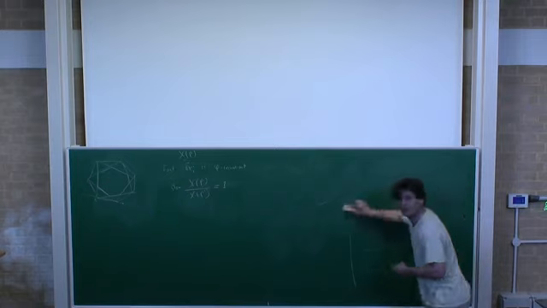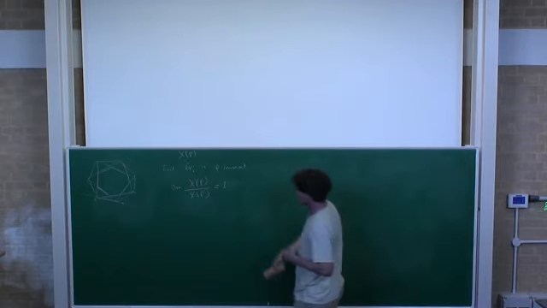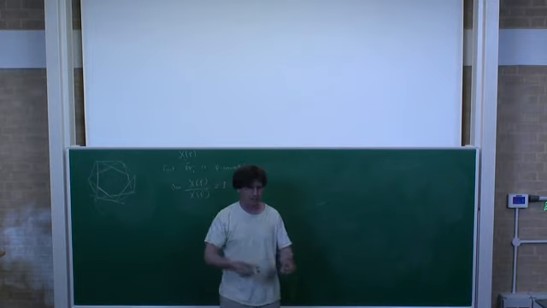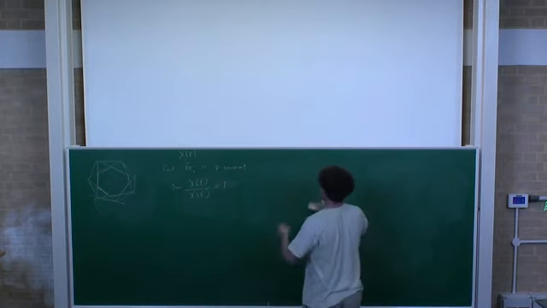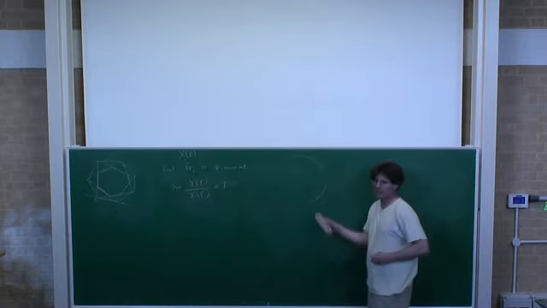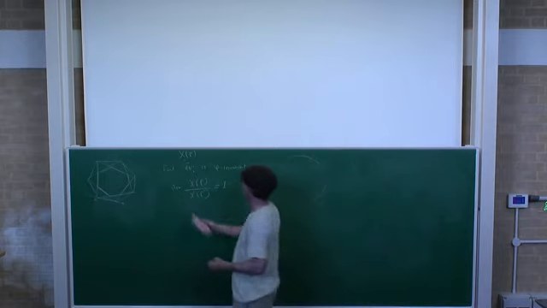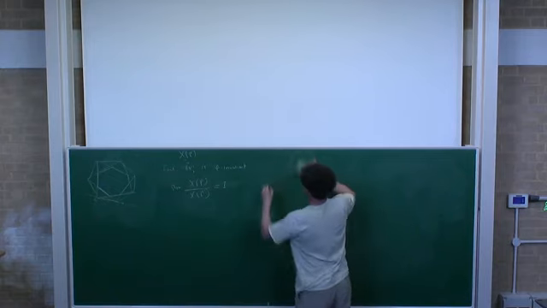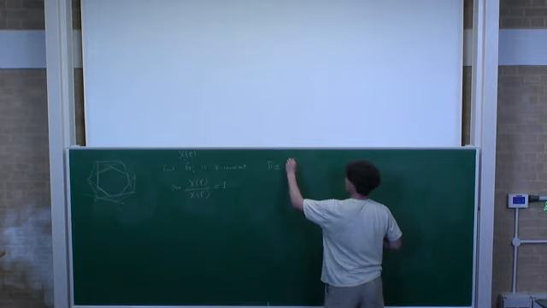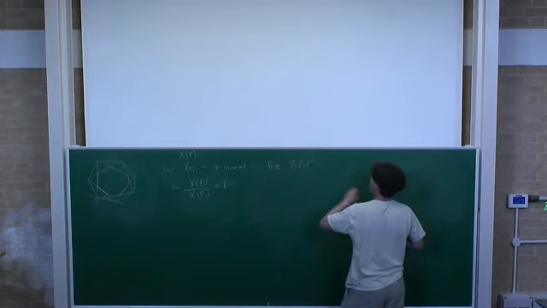So let me try to convince you. Let me show you why this shrinks to a point. Imagine it doesn't shrink to a point. I'm just going to draw this. This circle is supposed to be a polygon, a convex polygon. So I'm just talking about the case of a little theorem that shrinks.